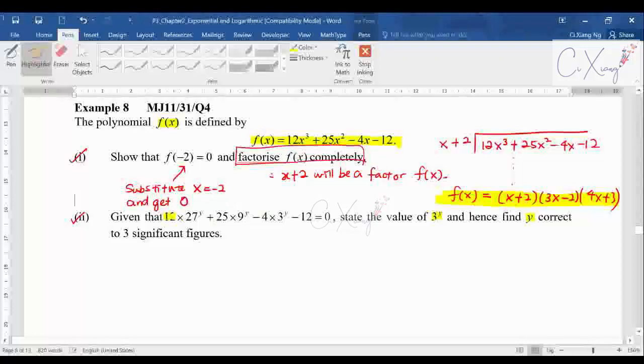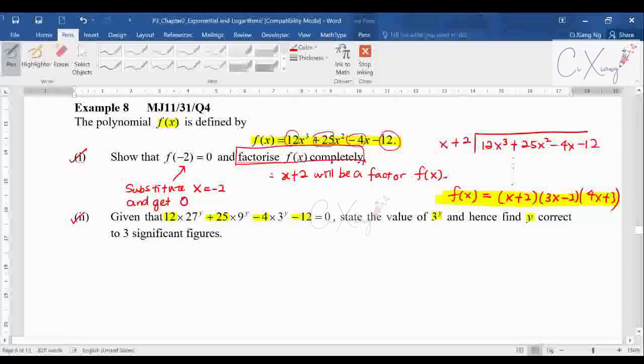In part 2, I have 12 here, and this is 12. Then plus 25, you can see the plus 25 here. Then minus 4, you can see the minus 4 here also. And after that, minus 12, you can see the minus 12 here. Generally, you will see that the coefficients in front of the x terms are the same for part 2.